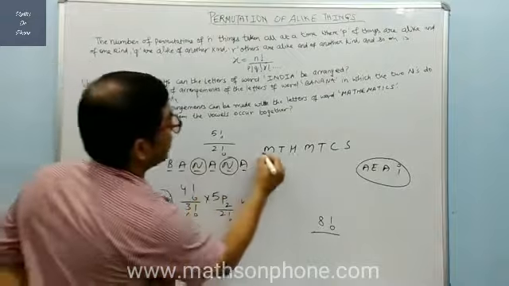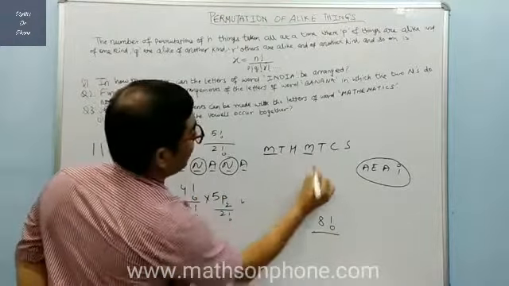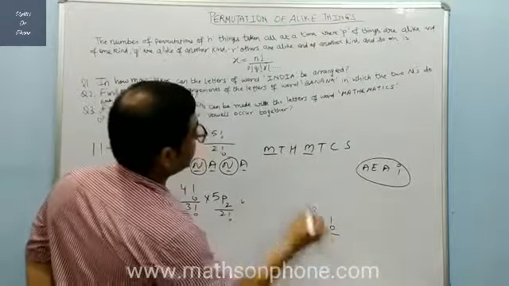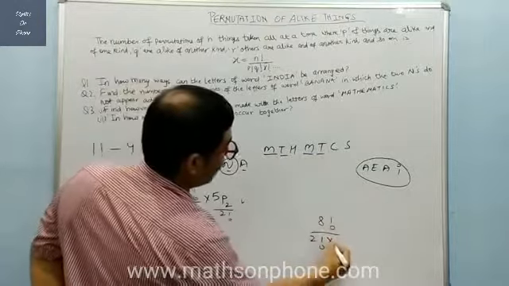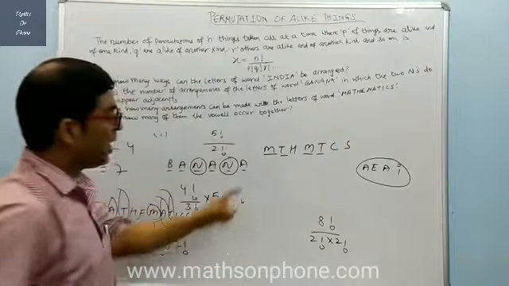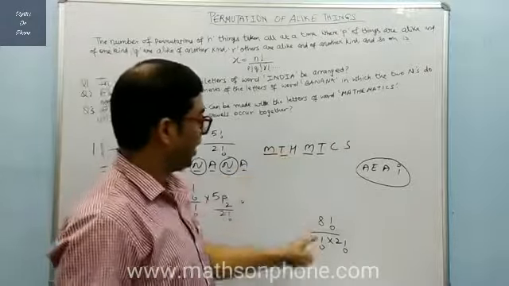See, in this 2 m's are repeated, so by 2 factorial. Now 2 t's are repeated, so by 2 factorial. So this is the arrangement of the 7 things plus 1 thing, 8 things.